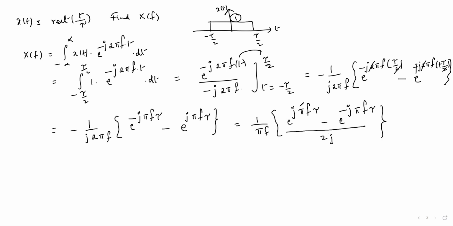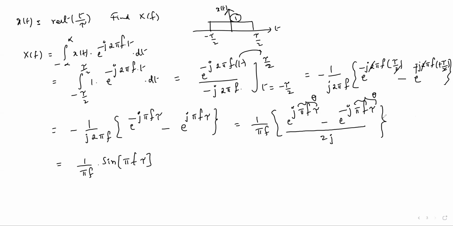Fine. Again, e to the power of j theta minus e to the power of minus j theta divided by 2j is sin theta. So 1 divided by pi f sin of, in theta place we have pi f tau.